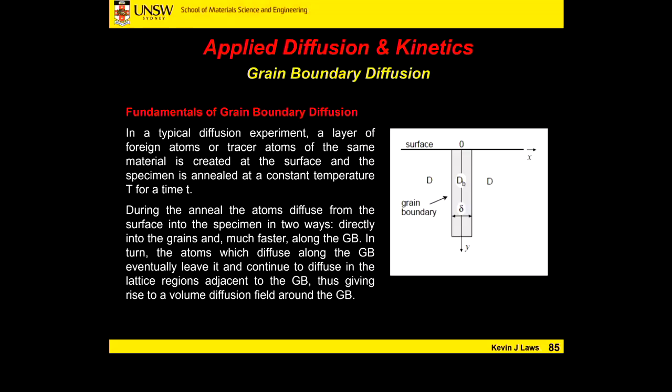Or for things like semiconductors, we can sputter a very thick layer of material on the surface, which, if that layer thickness is much, much greater than the width of our grain boundary, can also be considered a continuous source. Often when we dope semiconductors, this is how we would do it. We would put a very thin layer and then heat it up.